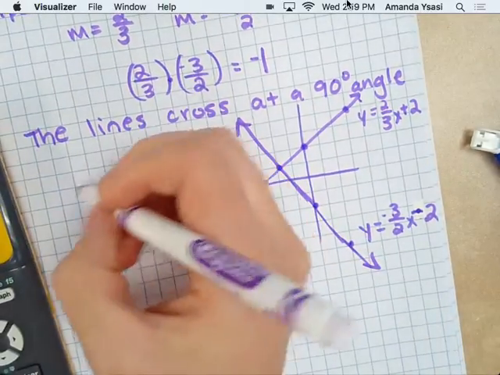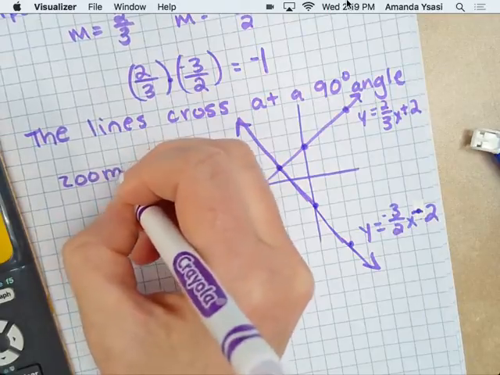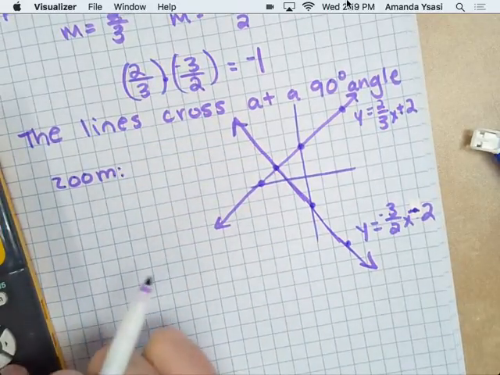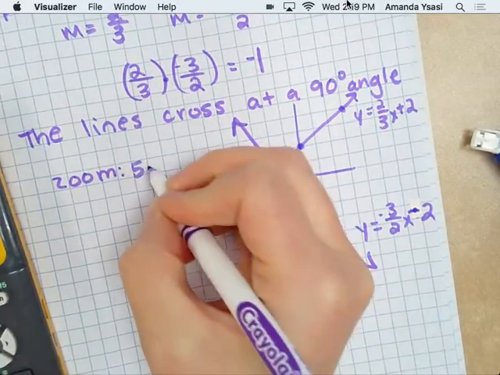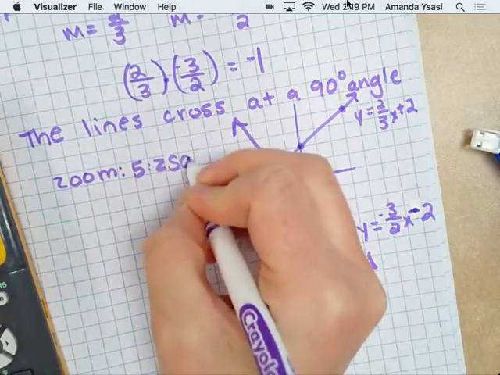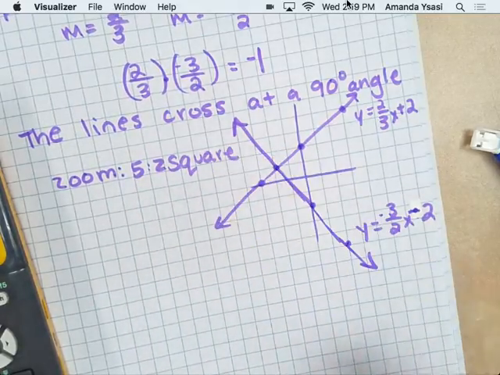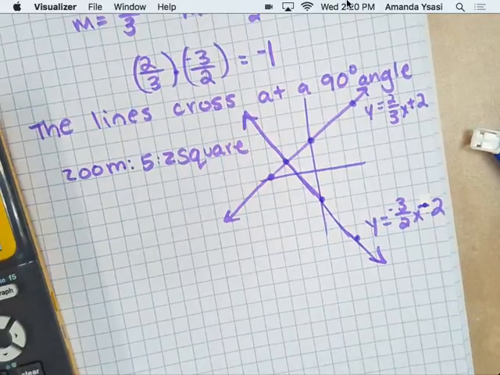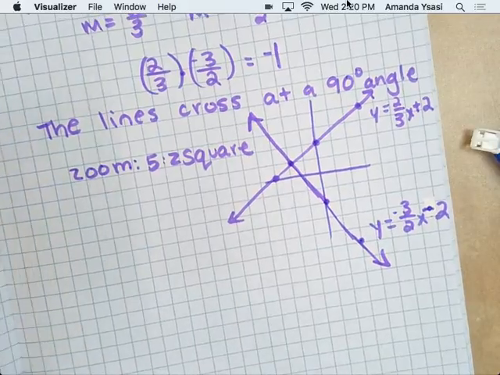The way you check that is zoom, number 5, Z square. So that's to make sure that it looks correct in the calculator. It's not distorted at all.